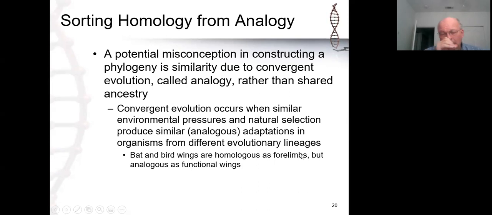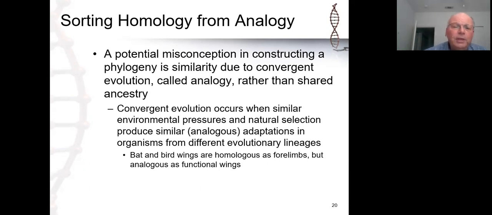So the example that I've got quoted here is a bat's wing and a bird's wing. Are they homologous or are they analogous? Well, the problem here is it depends on how you're doing your analysis.